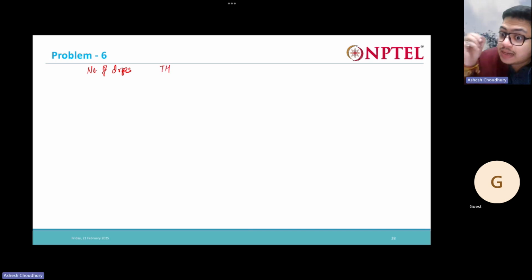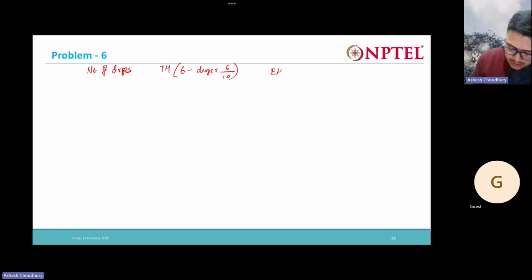Total head at any point is the initial head minus the number of drops at that point times the head lost in each drop, so total head is 6 minus drops times 6 by 10.